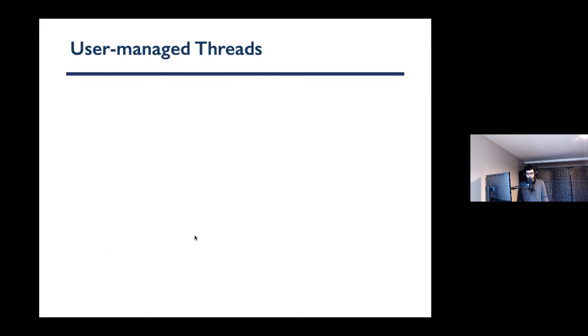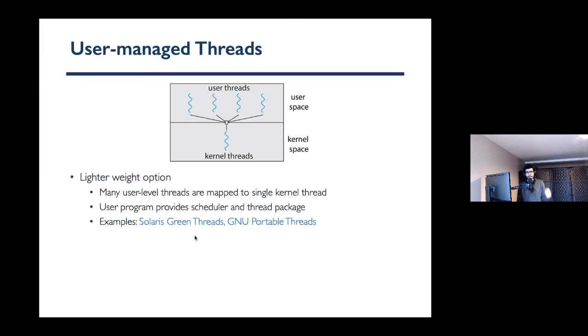The solution to that is to manage threads in the user space. What does that mean? Just to make the case, what I'm going to talk about is having one kernel thread for a whole bunch of user threads. What that means is from the operating system's point of view, there is only one thread running.